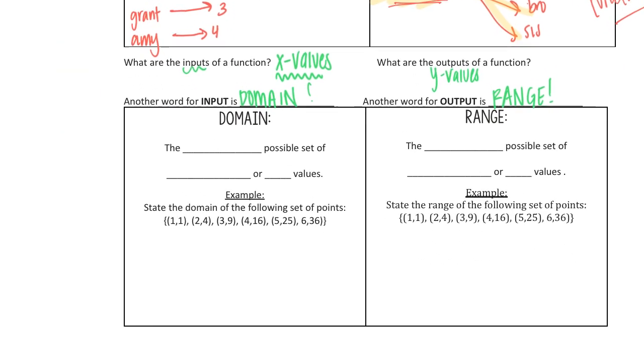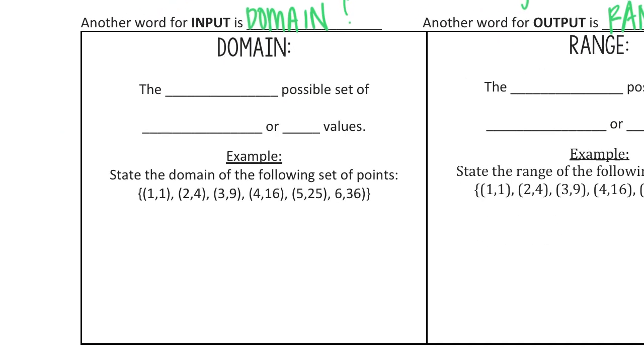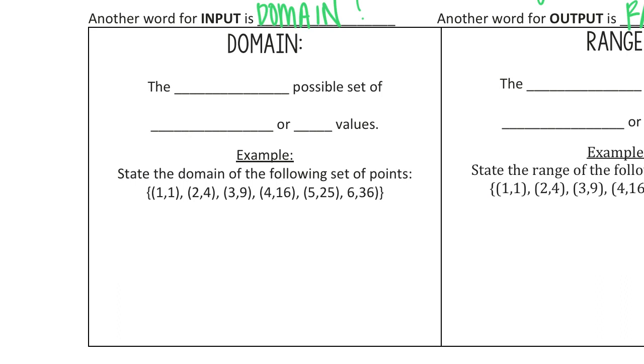So if we go down to this box at the bottom, if we're focusing in on domain, another vocabulary word, the domain is the complete set of inputs or x values. So when we're finding the domain today, we're going to be given a list of points, and we're going to determine what the domain is. So we're just specifically looking at the x values.